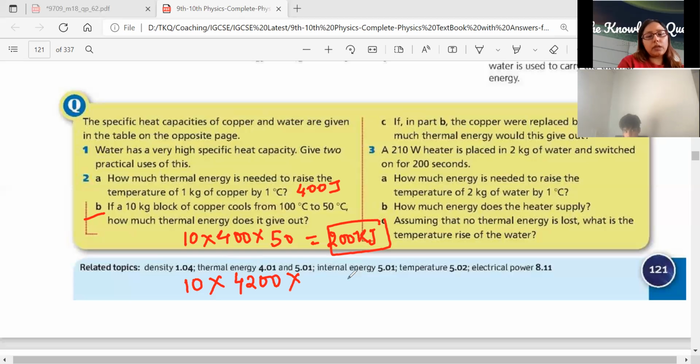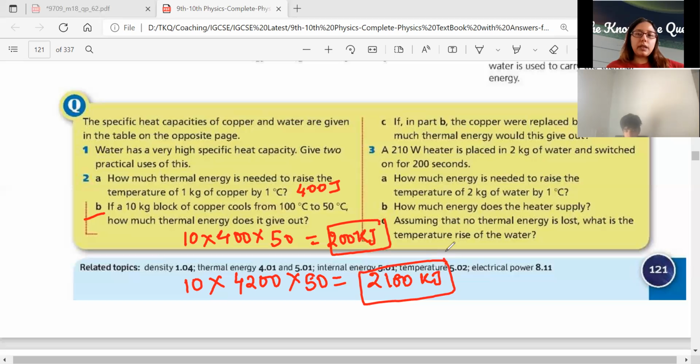Which is how much? 2100 kilojoules. Yeah. Now, can you see one very important thing here?